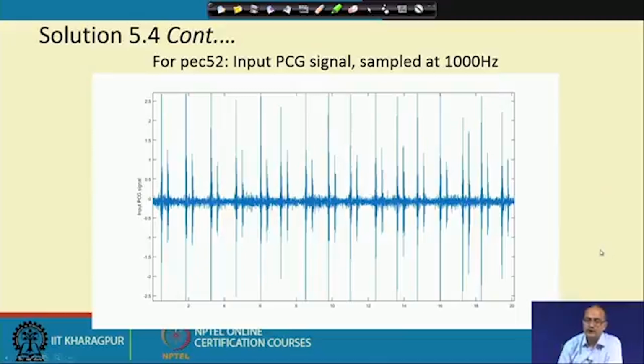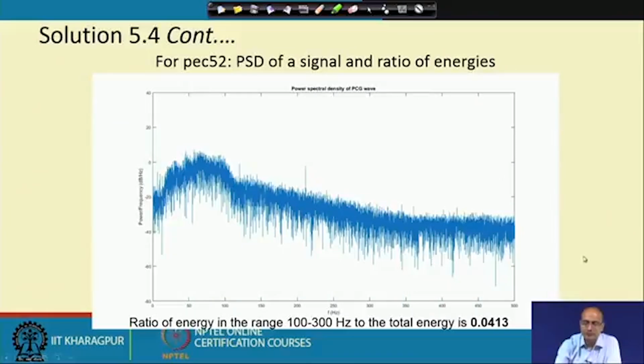Now, we go for the other normal signal, that is PEC 52, and the corresponding PSD we get here. Again the nature is the same, in the sense that most of the energy is concentrated below 100 hertz or in this band, and when we look at the energy between 100 and 300 hertz, the ratio with respect to the total energy is pretty small.